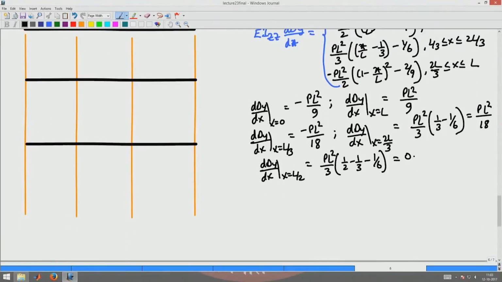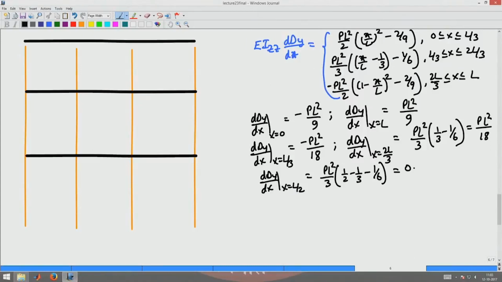Now let us see what is EI_zz delta y. This is now PL cube by 6 into (x by L the whole cube minus 2 by 3 into x by L) for 0 less than x less than L by 3.